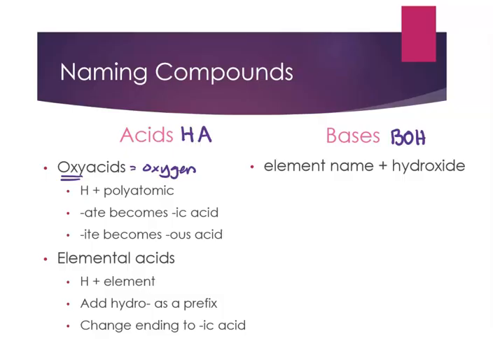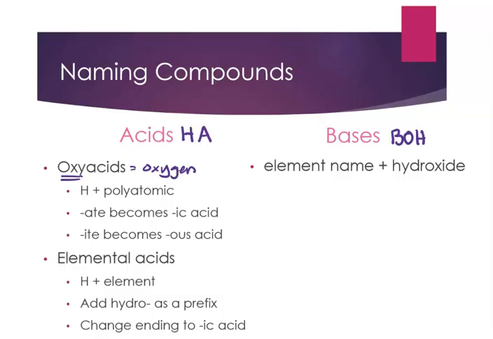If our acid does not have oxygen, that means it is made of an element, and we do not look at the back of the periodic table. We look at the front of the periodic table. So that just means it's H and whatever element version we have. If we have the element version of our acid, we add the word hydro to the beginning. The hydro indicates that it is not an oxyacid.